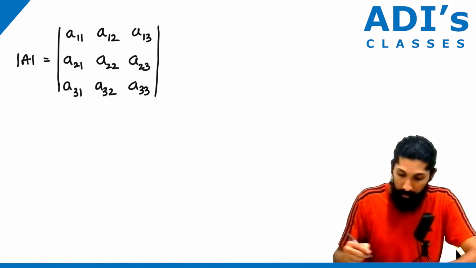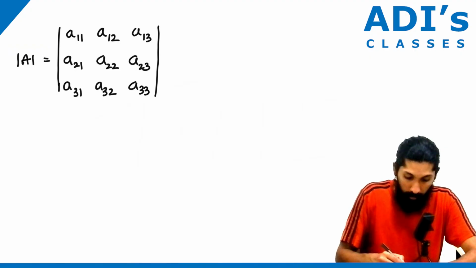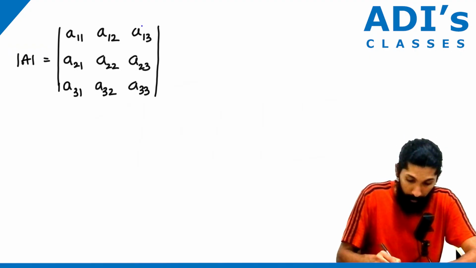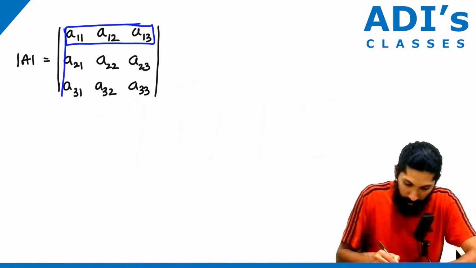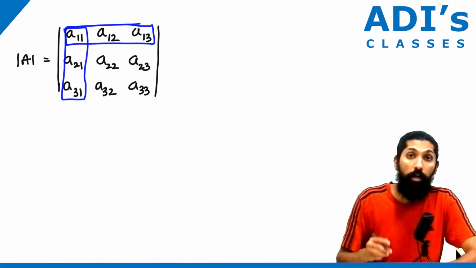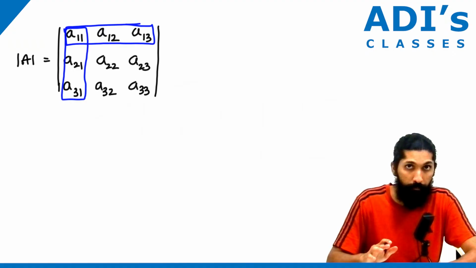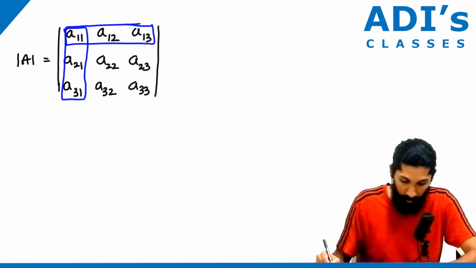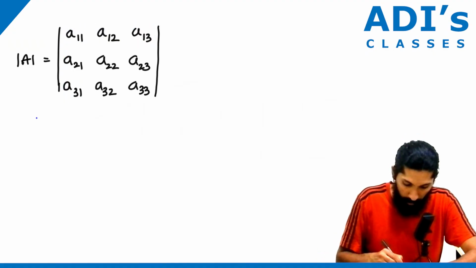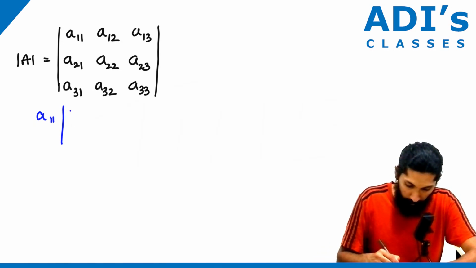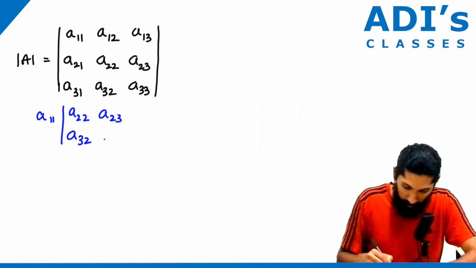Now in the first case, what you have to do is, you have to take the first element. Do not consider the first row and do not consider the first column. Remove these two. Fair enough? So if you remove these two, you are going to have A11 into determinant of A22, A23, then A32, then A33.